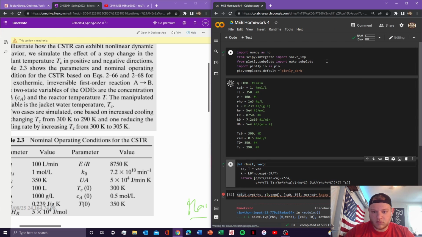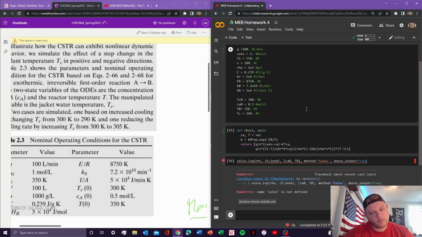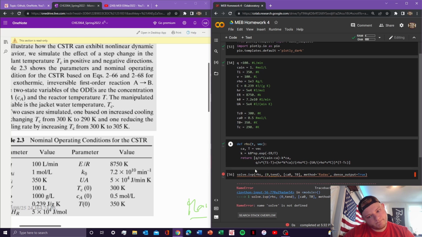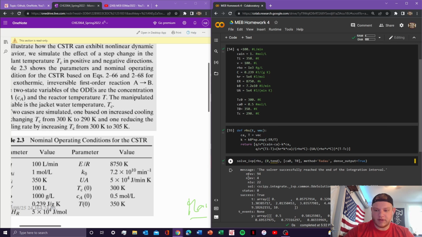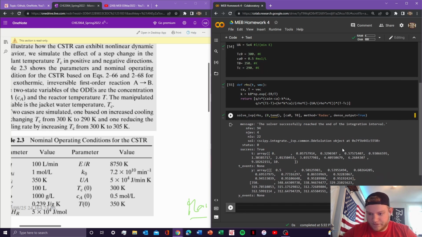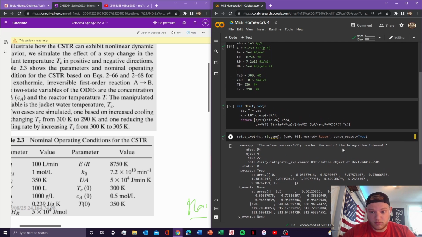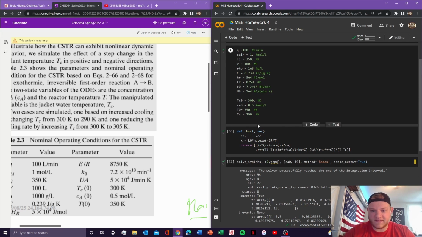Hold on, let's run these real quick. That was the culprit. Alright, so it printed out. Good. Problem, this is not the right answer. So it means we made a mistake. Let's fix it.